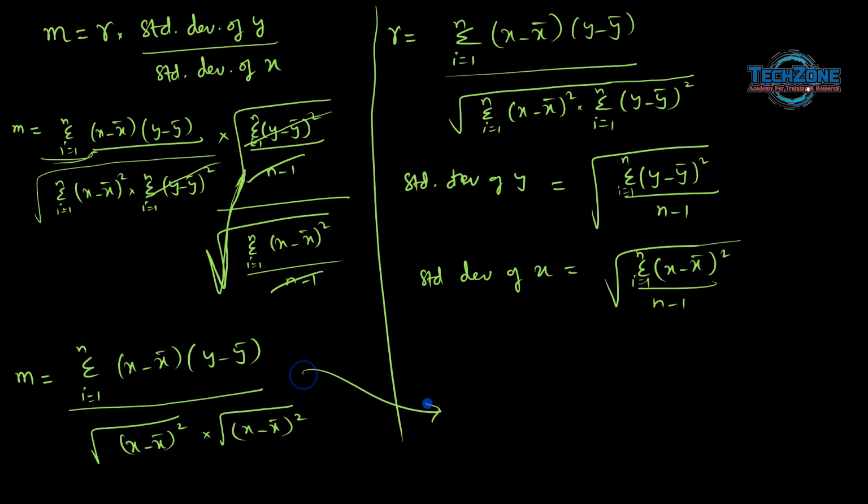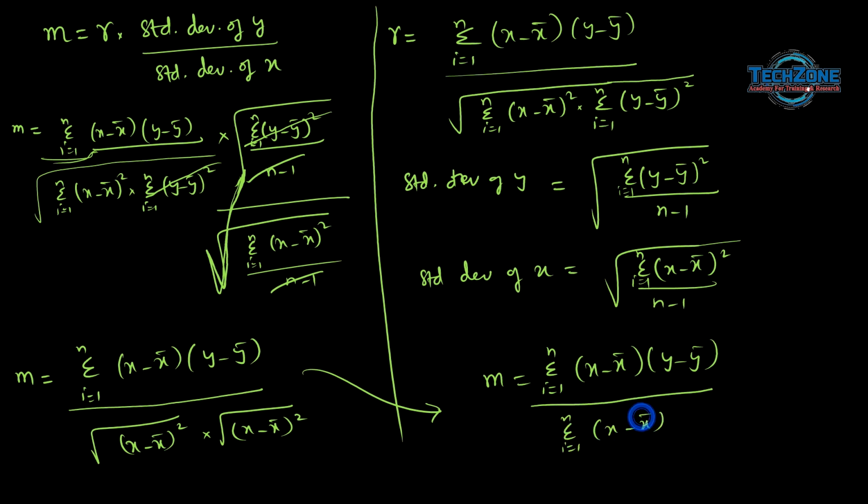So if you simplify, m is equal to sigma i equal to 1 to n (x minus x bar) multiplied by (y minus y bar), whole divided by sigma i equal to 1 to n (x minus x bar) whole square. This will be the value of m. Using this formula, we'll find the slope. I hope this is clear.